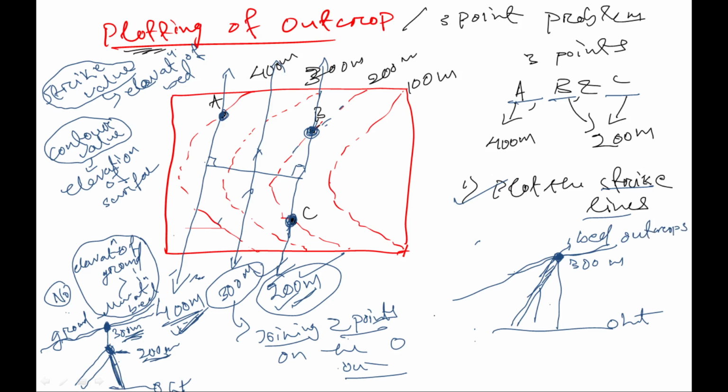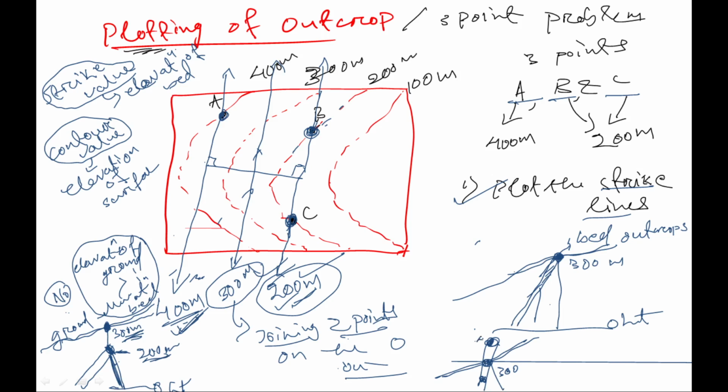And if you say the next condition, when the elevation of bed will be higher than the ground surface, is it possible? It cannot be possible, right? Because the ground surface is still here, suppose 100 meter, you cannot find the bed at 400 meter. It will be below. At 300 meter, then you can find the outcrop.